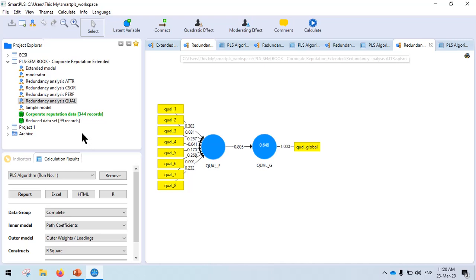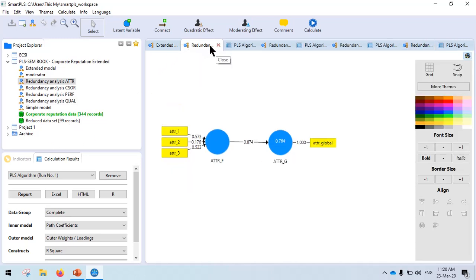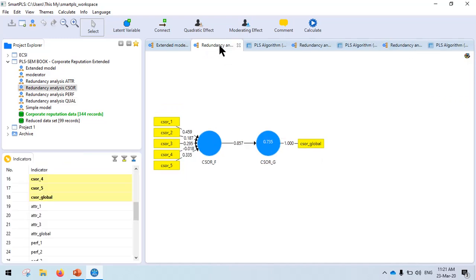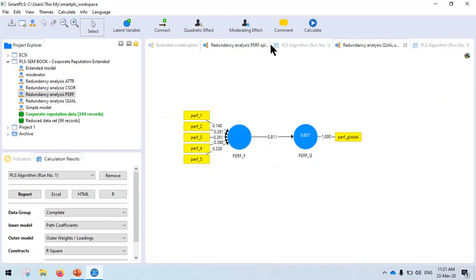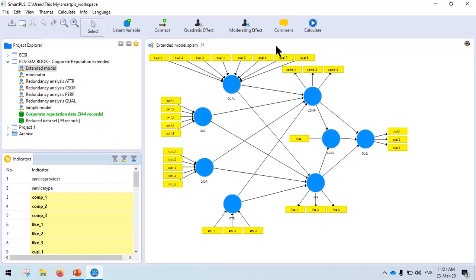After that, I go to the next step, which is testing collinearity of the formative construct indicators. Here, after I'm done with this, all is well, so I don't need them anymore. I close them. Okay, I go back to my original model.